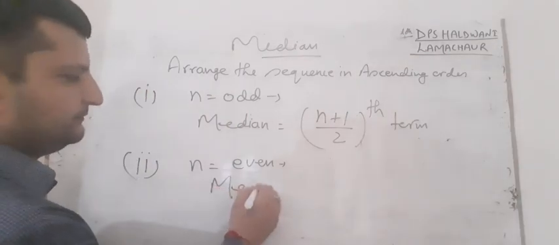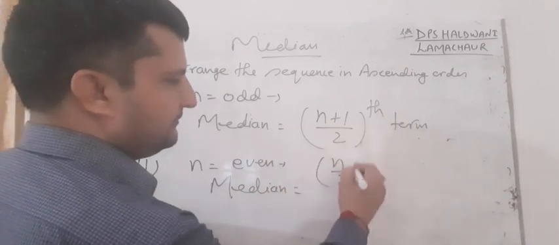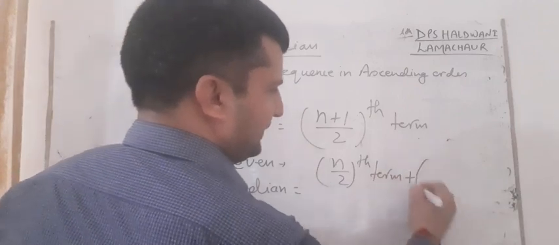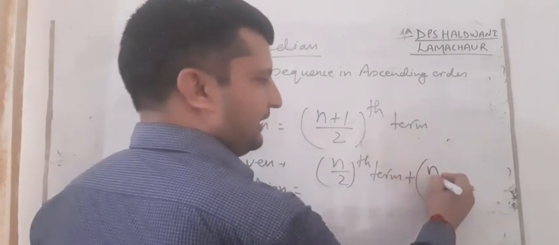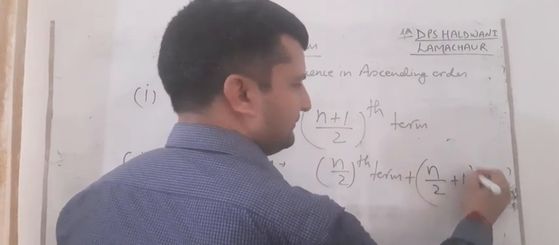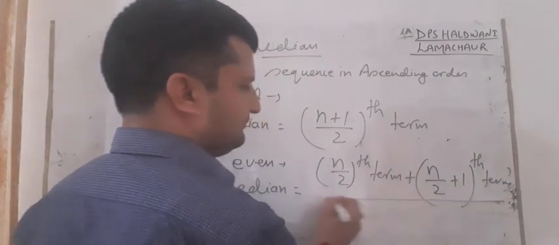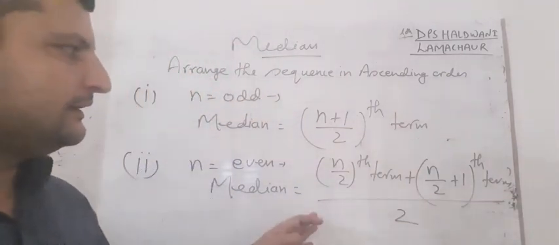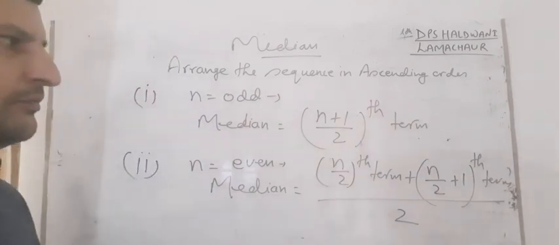Median is equal to the n by 2th term plus the n by 2 plus 1th term, divided by 2. Either you can say that it is the mean of the n by 2th term and the n upon 2 plus 1th term.